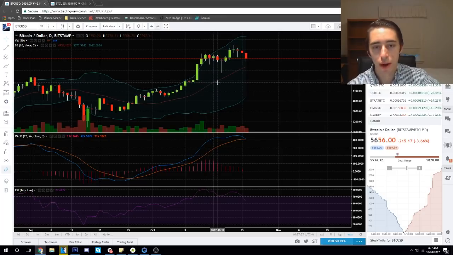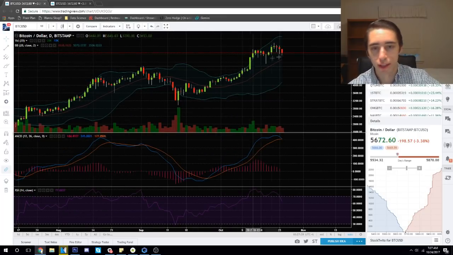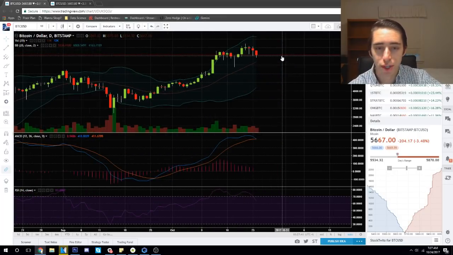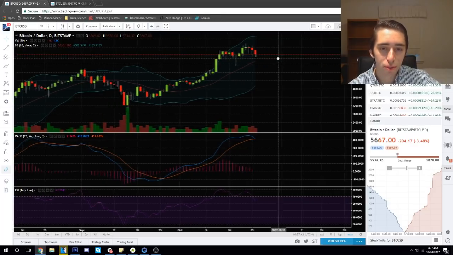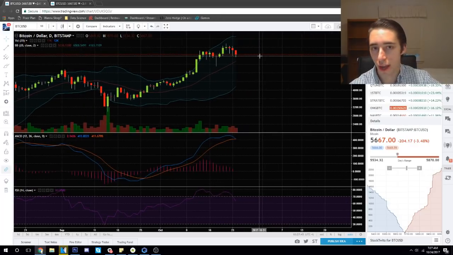But we know Bitcoin's been on a killer rally and it's well above any of its moving averages. The 3 indicators that I would use outside of moving averages, to see if it's overextended against or under the moving averages, are these 3 that I have printed on the screen: the Bollinger Bands, the MACD, and the RSI.